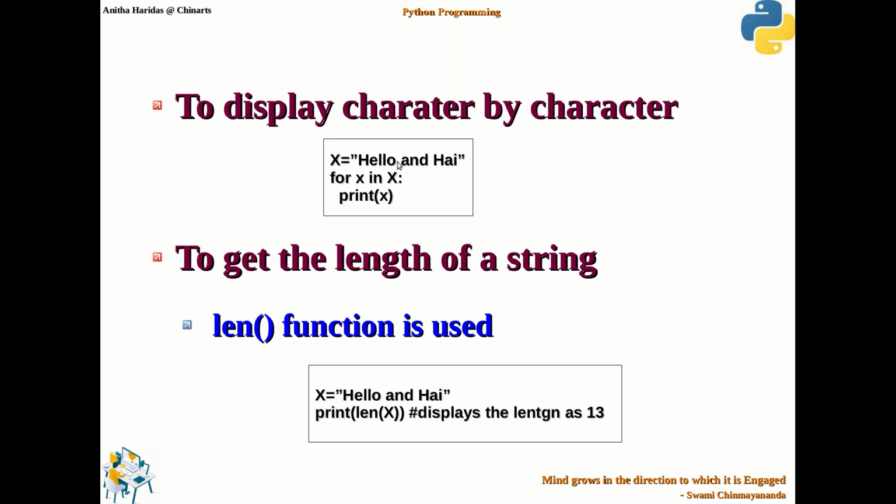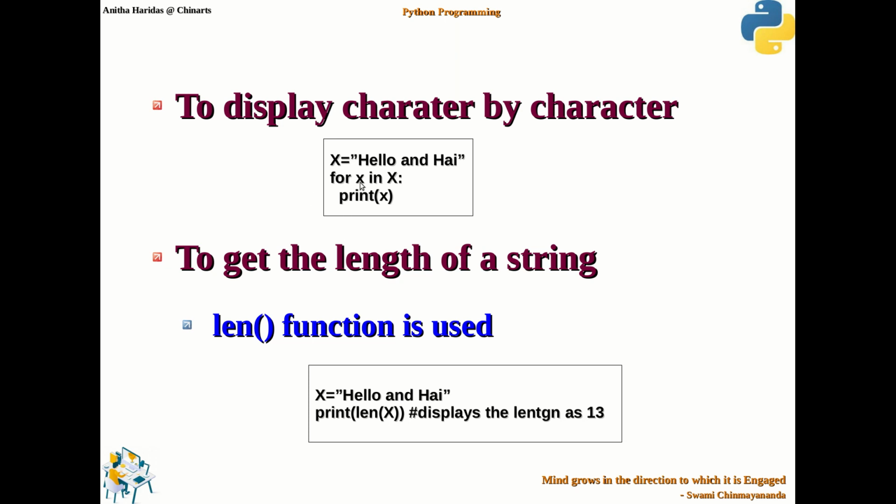Suppose you are going to use a list here, a list is again a collection of different data types. A tuple is another collection of values. So whatever collection you have, the collection will contain different elements, and these elements can be retrieved using the for-in statement. Whenever you retrieve each and every value, obviously you need a variable to store that particular value, for which we are using this x.